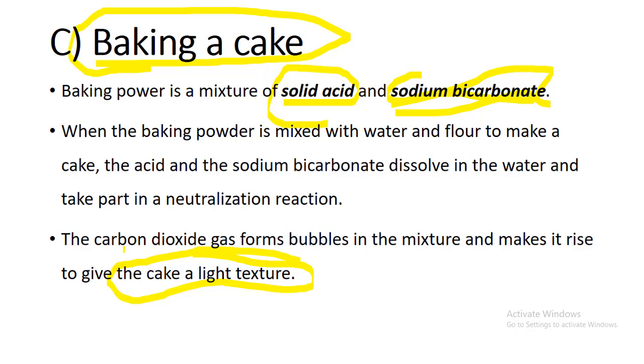Those are because of the carbon dioxide gas which was produced when acid reacted with an alkali. That's why you see those small holes, and also that light texture on the cake.